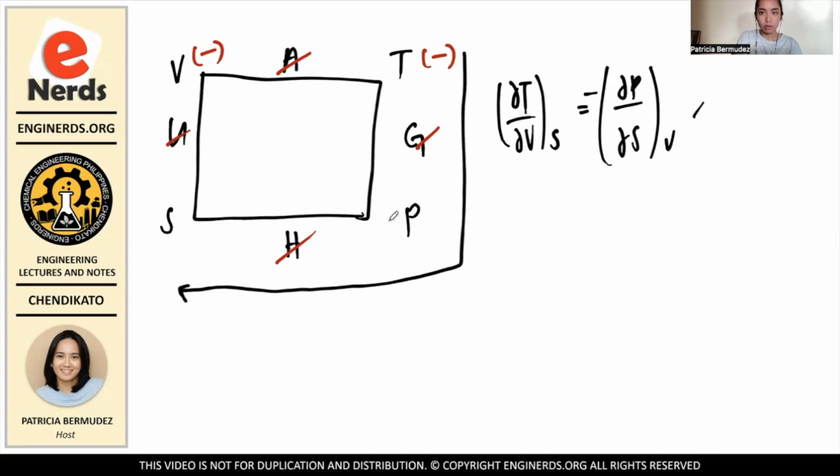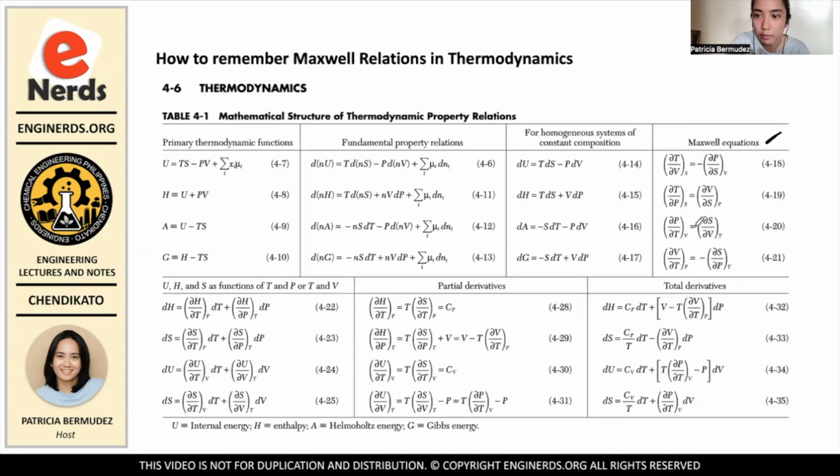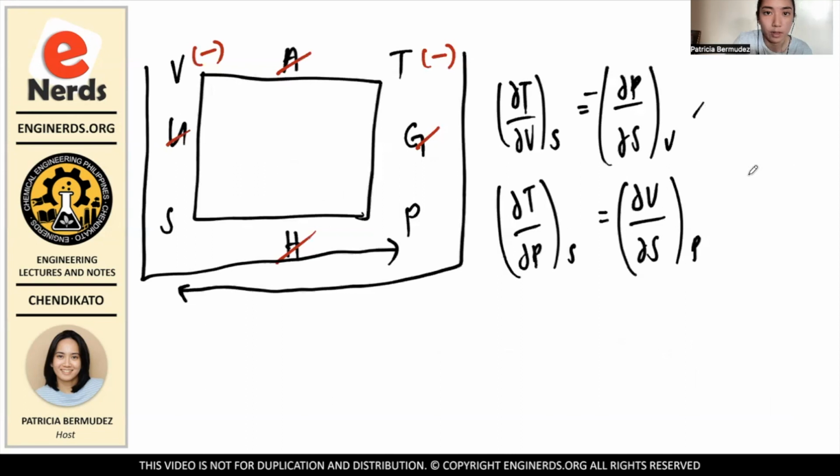So we write the partial of T over the partial of P at constant entropy is equal, and ano yung hindi niya nadaanan? Hindi niya nadaanan yung volume. So that's where you start this time. But then you go to the opposite direction. So the partial of V over the partial of S at constant pressure. And is it the same? Yes. You can see that it's the same here. Okay?